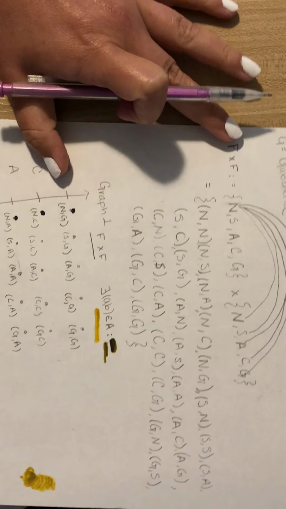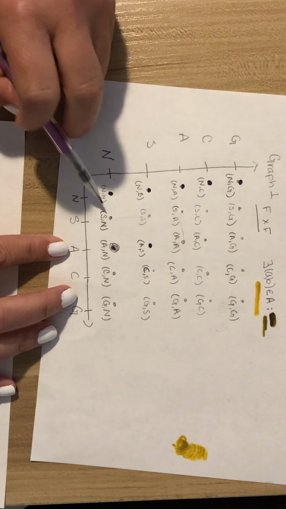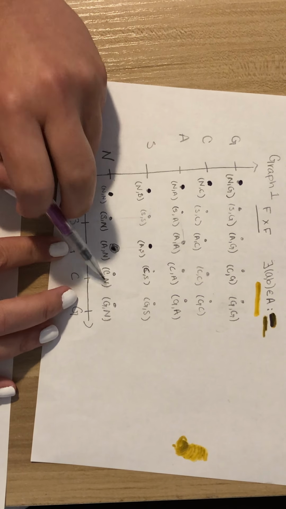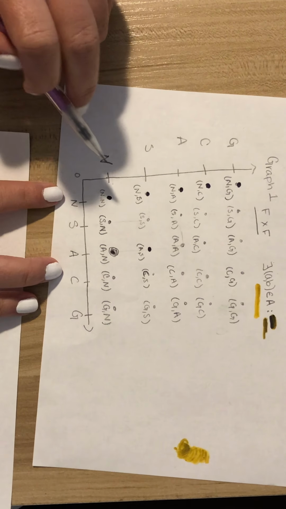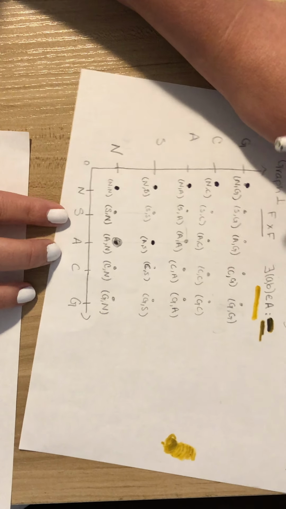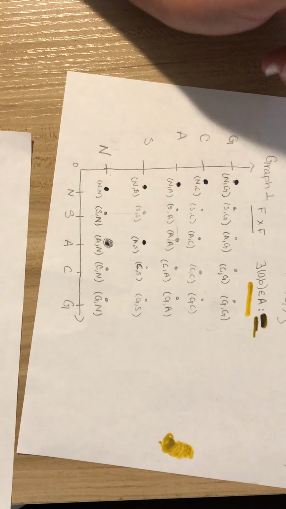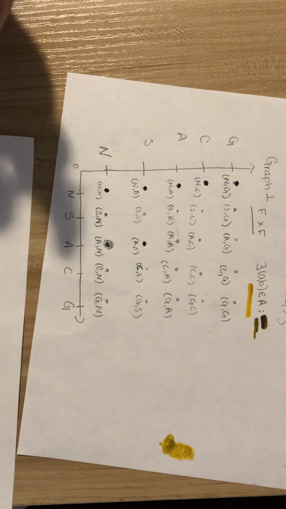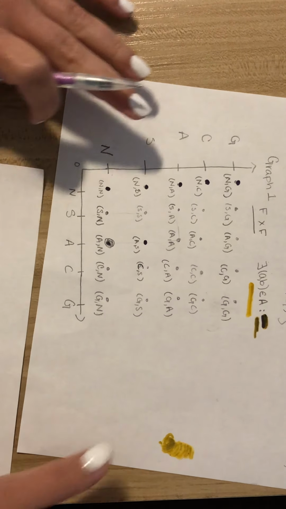For each of the ordered pairs, I've plotted the points just like you would in Algebra 1, right? N, S; N, A; N, C; N, G, using the x-axis by the y-axis, just like you normally would. And so you see here that despite my graph being a little crooked, you can tell that this is a square, right? And that makes sense because F and F have the same number of elements contained within them, and therefore it's going to be a square.